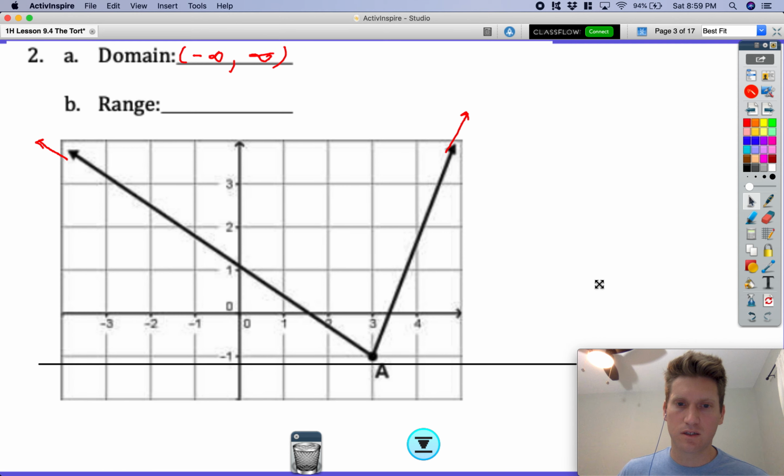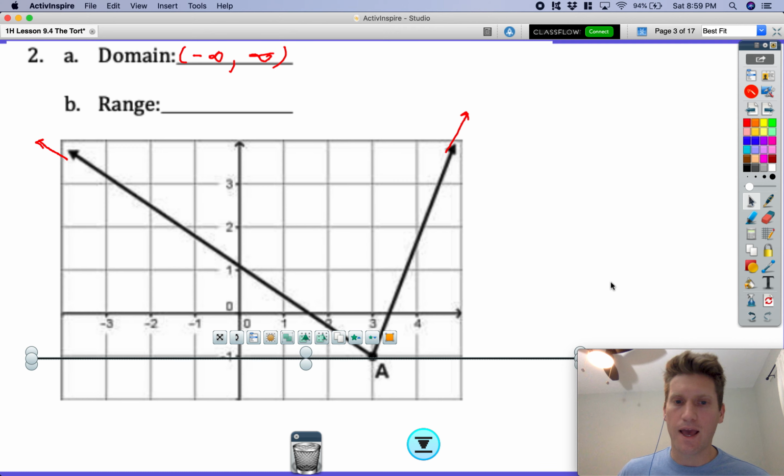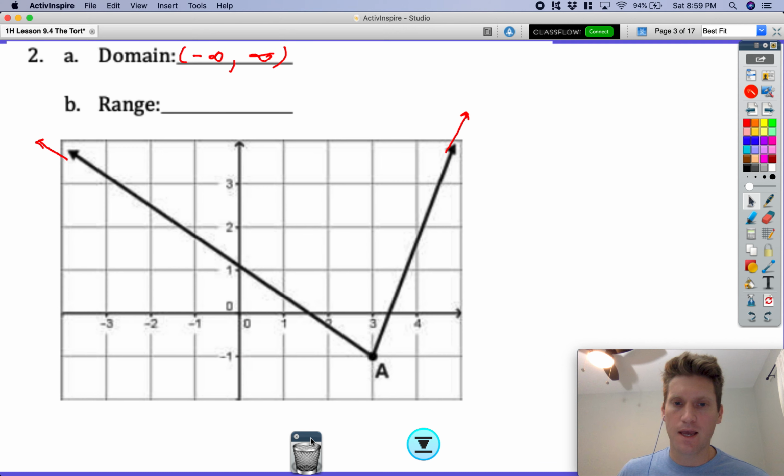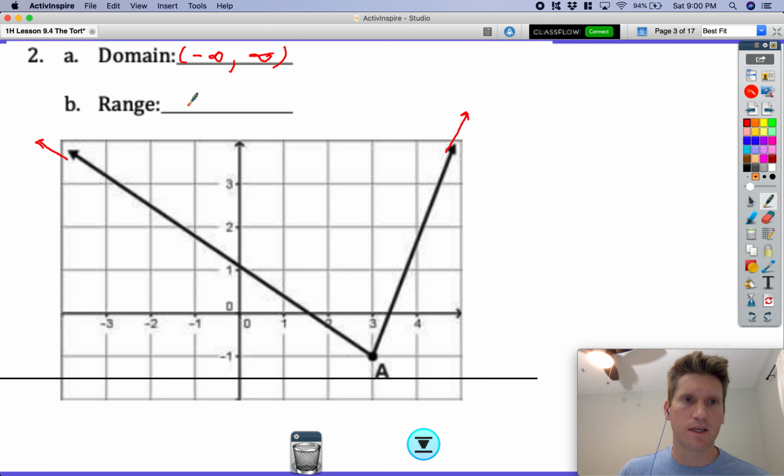It doesn't start until it hits the function right there at -1, okay? And then from there, it would also go on to infinity. Same idea, just representing that it keeps going up and up to infinity. So that will look something like the range is -1 to infinity, because once it starts here, it just keeps going up and up.